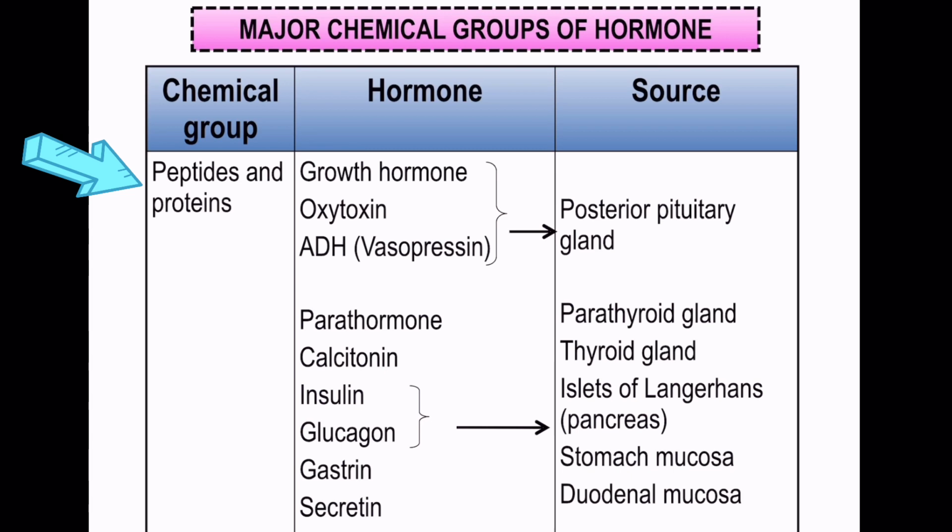They are secreted by the posterior pituitary gland in the brain. Parathormone, secreted by parathyroid gland, calcitonin, secreted by thyroid gland, insulin and glucagon, secreted by islets of Langerhans in the pancreas, gastrin hormone secreted in the stomach mucosa, and secretin secreted from duodenal mucosa.